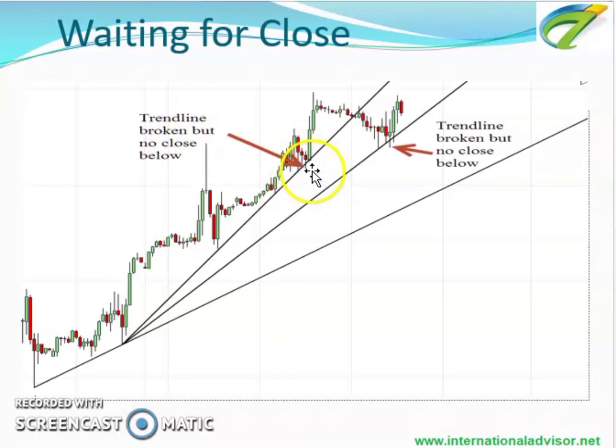A little touch you can see, and it's quite a few candles: first, second, third, and this was the fourth and final attempt with very much congestion, so there was pressure here, and many people could have been trapped here because they say, okay, this is gone here, but in the end it closed a little above and then bounced back huge. So this is another example of not waiting for the close, and likewise it's here as well.